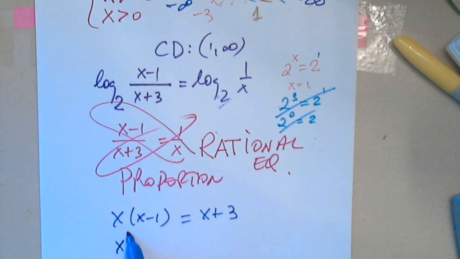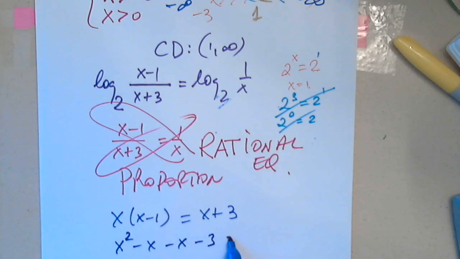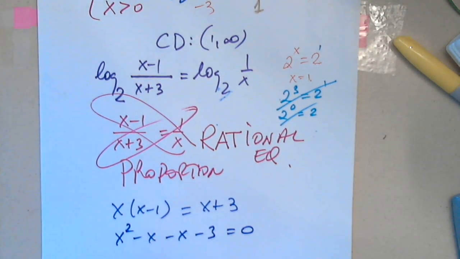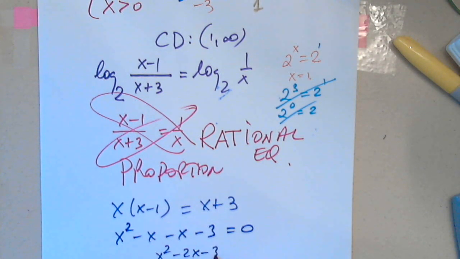So therefore, x squared minus x minus 3 equals 0, or x squared minus 2x minus 3 equals 0. So how do we continue? Any suggestions?